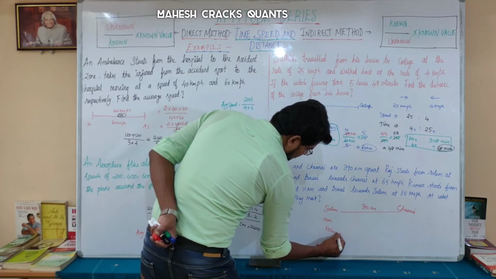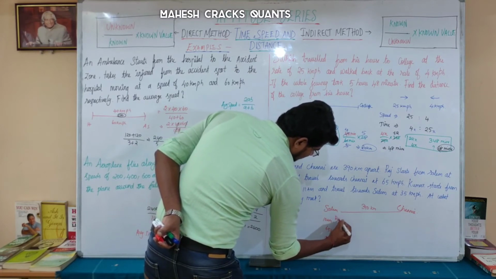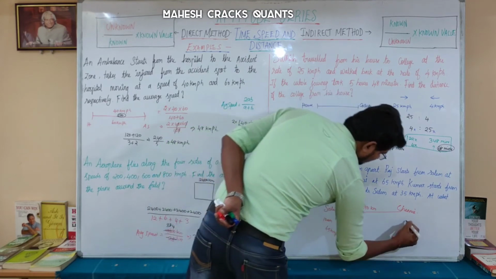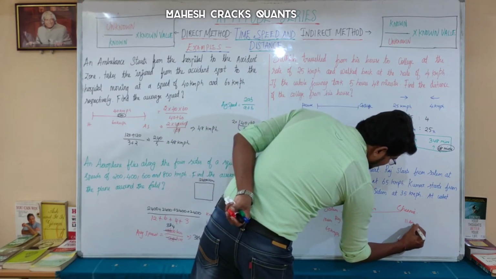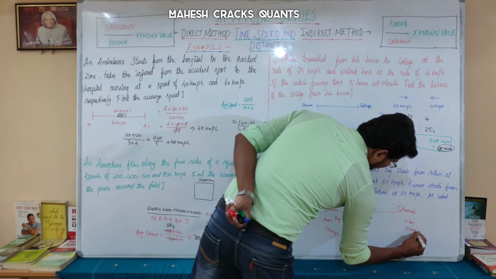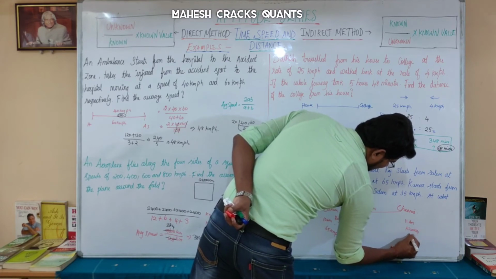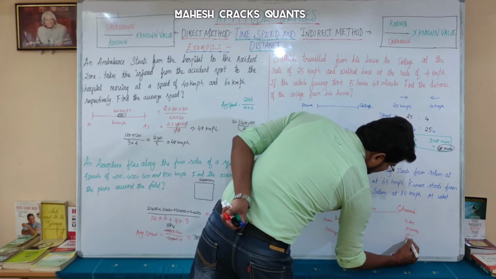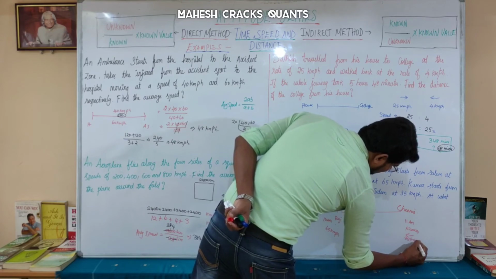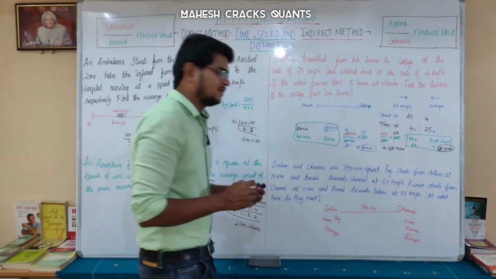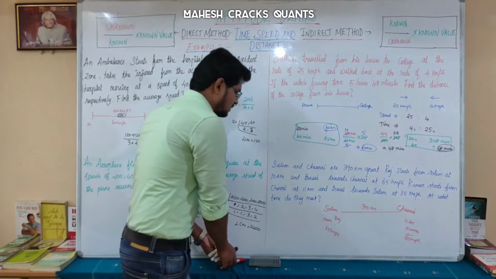The person who goes is Raj. Okay. Here at 11 a.m. the person Kumar starts and runs towards Salem with 35 km per hour. That's it. So you have these values in the question.